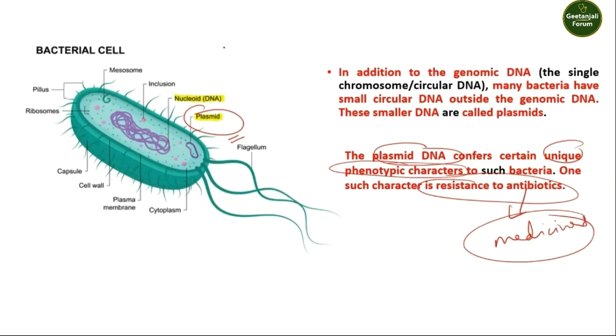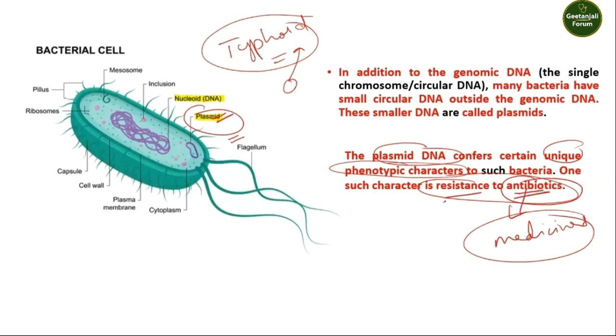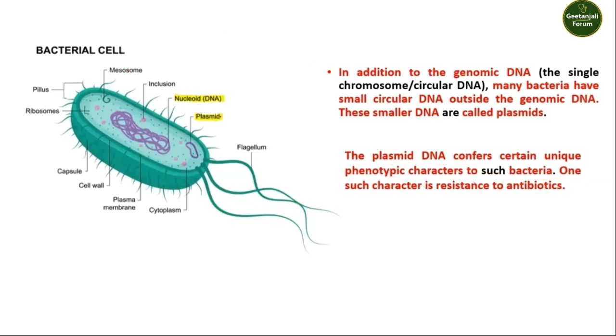For example, if someone got typhoid, which is caused by a bacteria named Salmonella typhi, then we take an antibiotic to cure it. This antibiotic medicine kills the bacteria inside our body. Now this plasmid develops resistance in bacteria against this antibiotic. So this is the function of the plasmid. Plasmid has DNA and the main genetic material also possesses DNA. Both contain DNA inside a bacterial cell.